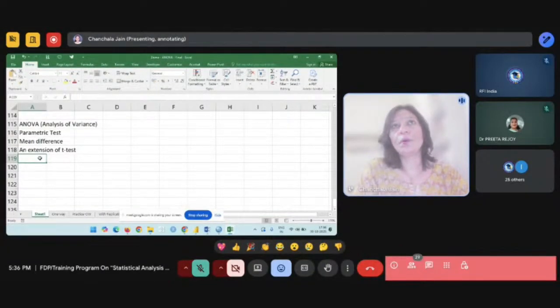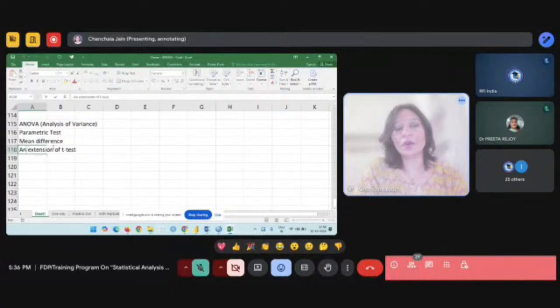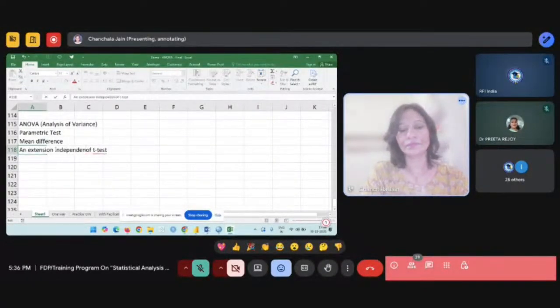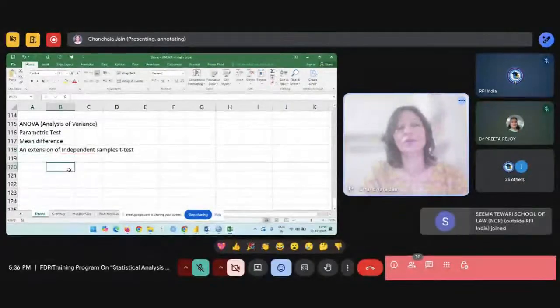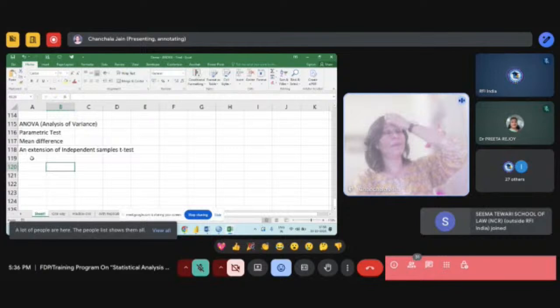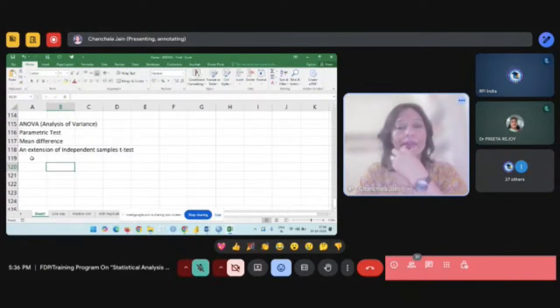Yesterday we talked about, especially, the independent samples t-test. So you can write that it is the extension of the independent samples t-test. Can anyone tell me what the independent samples t-test does for us? Anyone?